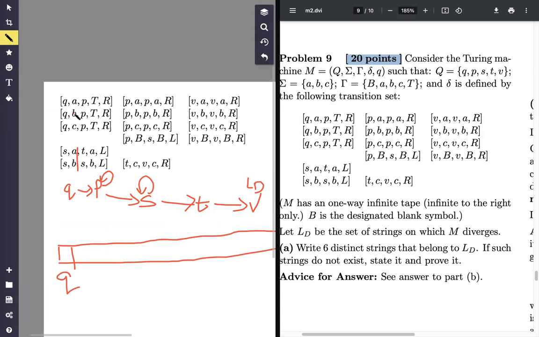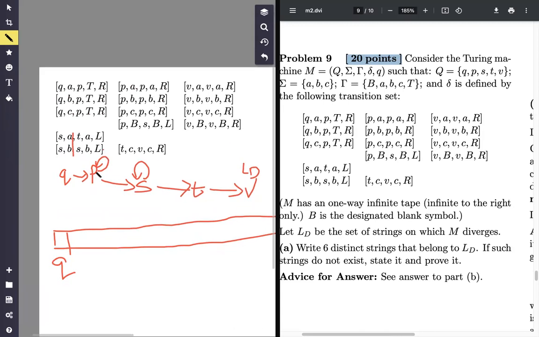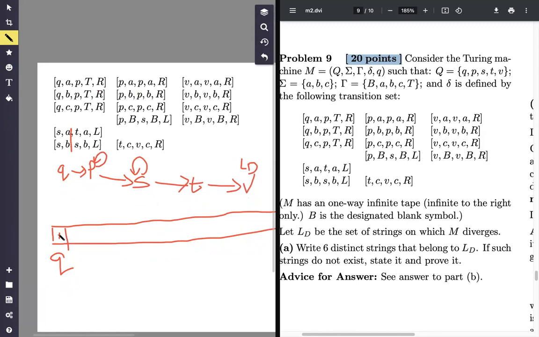All of these do exactly the same thing. I either say an A, B, or C, and I go to T, and I write a T. So that means on my tape, there's a capital T, and this came from an A or a B or a C. Okay, then we move to the right and we go to state P. Now P has a loop.